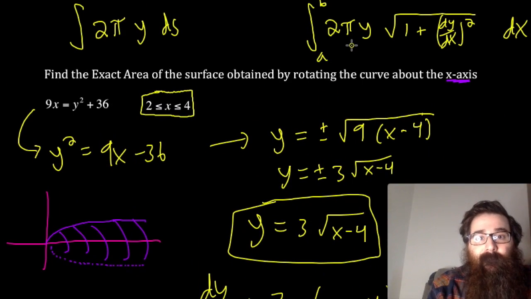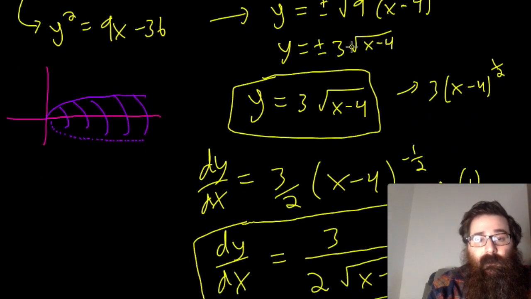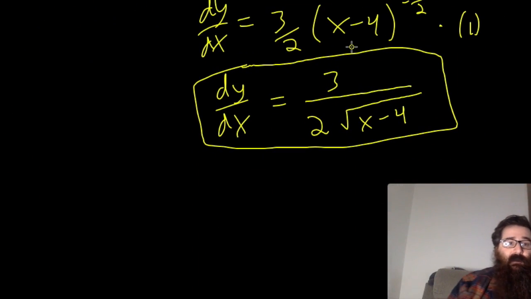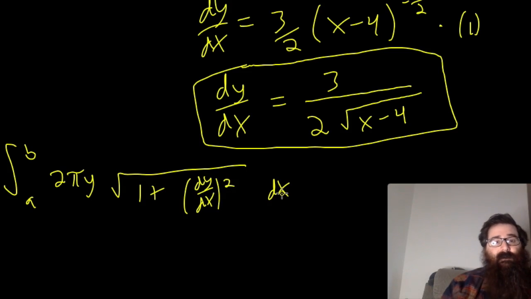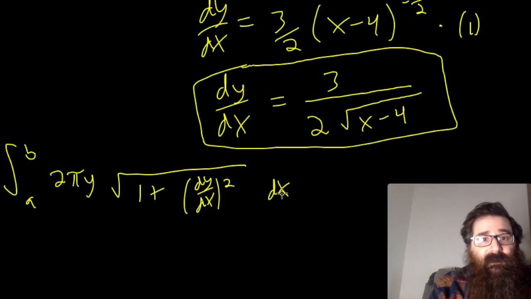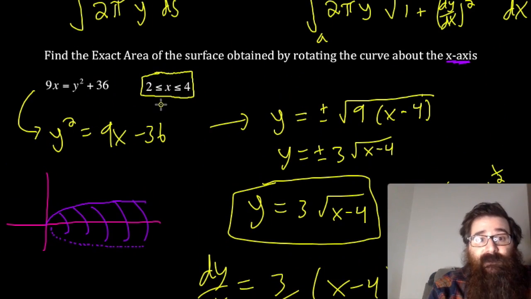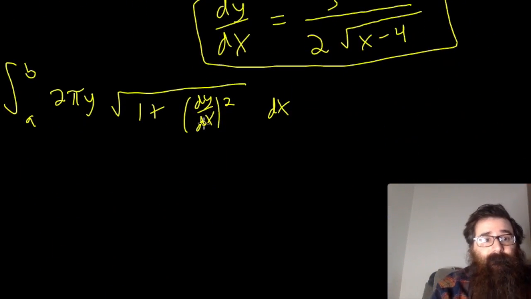Now we had a generic form that we were going to work with here. Let me just write that down. That was the integral from a to b of 2 pi y, and then the square root of 1 plus dy dx squared, and I wanted the integral with respect to x. I want to start plugging in these pieces. I know the bounds on x are from 2 to 4.